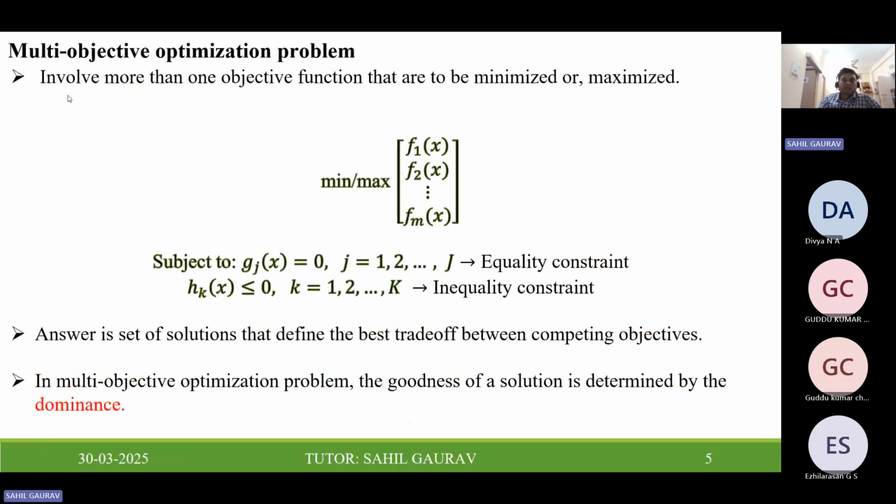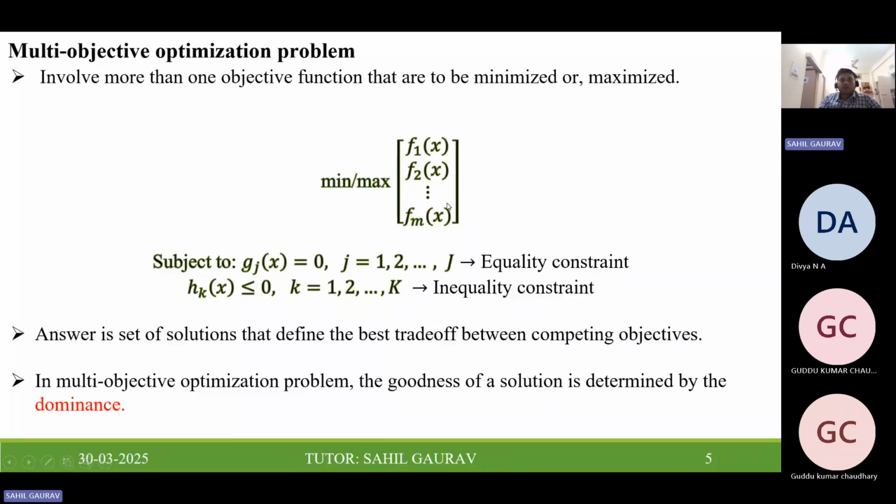Now coming to the multi-objective optimization problem, as I told you, this involves more than one objective function that needs to be minimized or maximized, and we represent it like this: minimize or maximize f1(x), f2(x) till fm(x), that contains m number of objective functions, and these are subject to some equality constraints or inequality constraints. And for this multi-objective optimization problem, the answer is the set of solutions that define the best trade-off between competitive objectives.